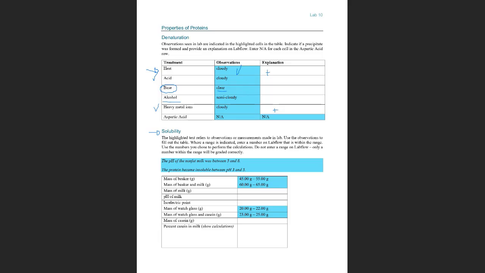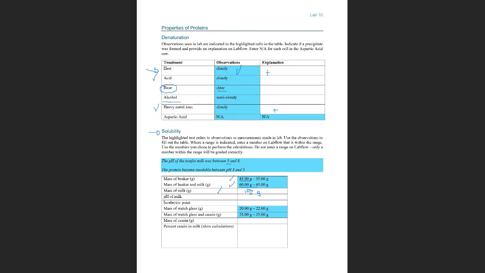So let's say you pick 45. The mass of the beaker is 45, and the mass of the beaker and milk is 60. The mass of the milk will be 60 minus 45. Let's say we have 15 grams of milk. pH of milk, you pick it from here. Let's say you pick 5.